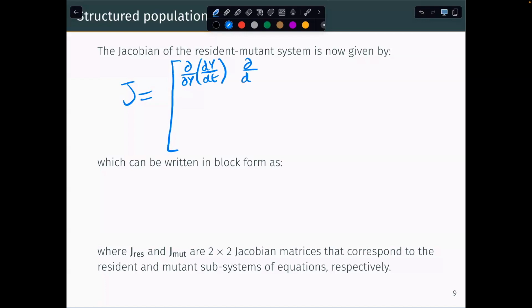So we're going to have partials with respect to Y, A, Ym, Am, and then it's going to be dY/dt, dA/dt, dYm/dt, and dAm/dt at the end. Okay, so I'll just write out the first row just to make that clear. So taking our partials with respect to our residents, and then with respect to our mutants of each equation.